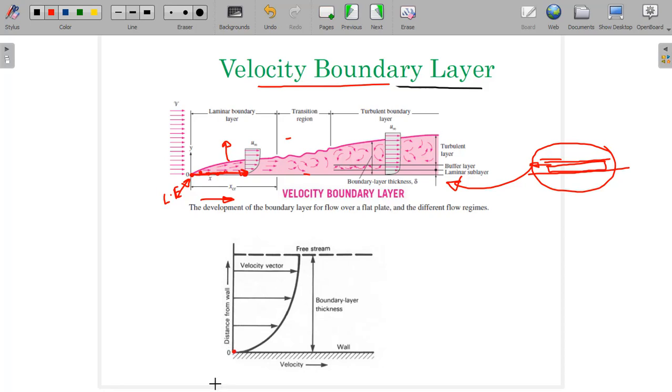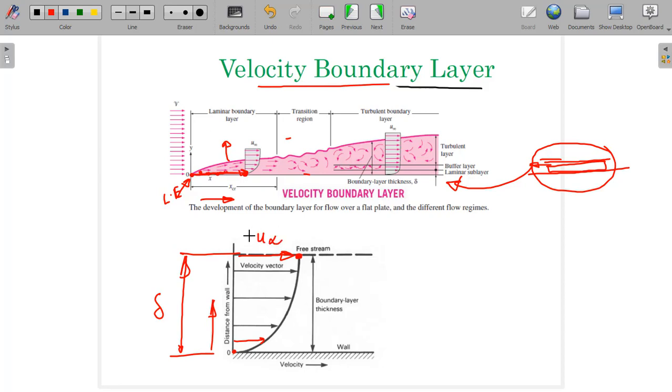You can see that at the bottom the velocity is 0, and gradually as you move in the y direction, the velocity increases. After reaching a particular distance from the solid surface, let us consider this distance is delta, you will find that the velocity is almost the same as the free stream velocity.